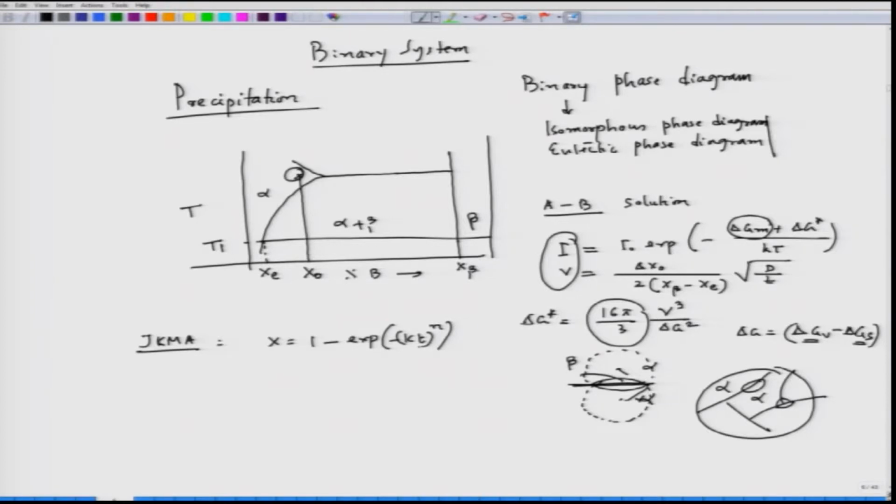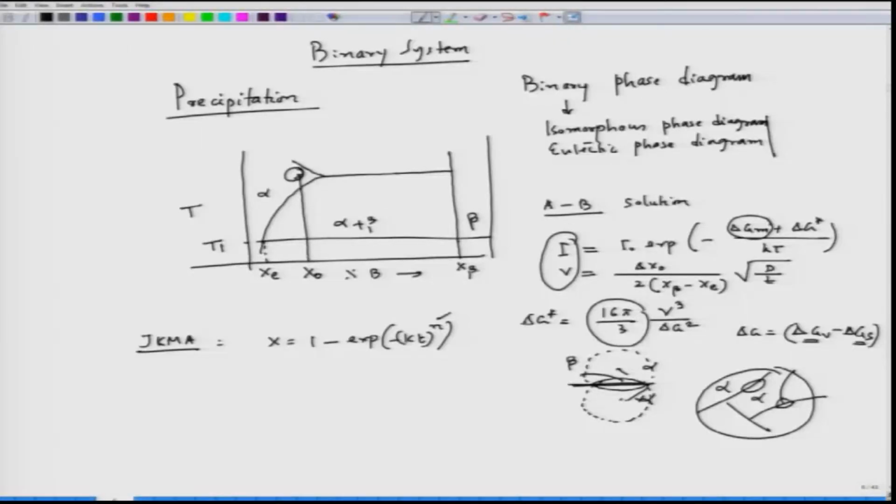There k has the terms I and V, and this n is the time exponent, and t is the time, which is again for the isothermal condition, but it can also be tweaked a little bit to get into the non-isothermal regime, which will consider the rate of cooling. And in the next phase, we will also look at that part.